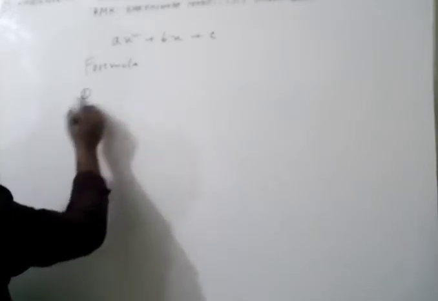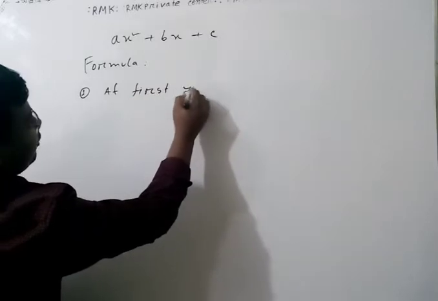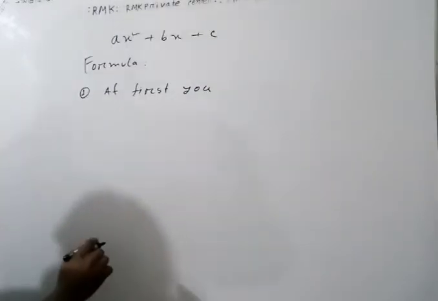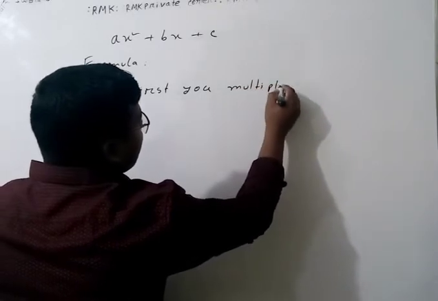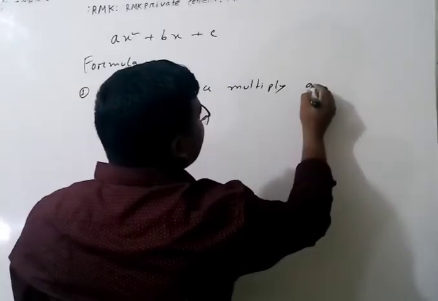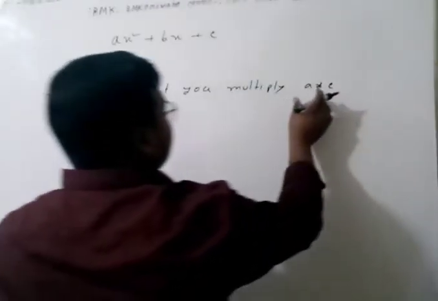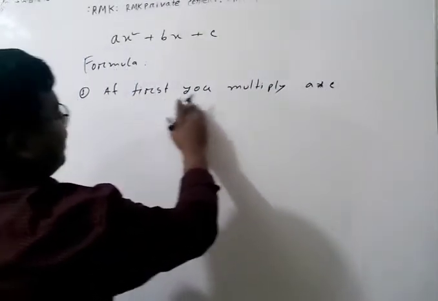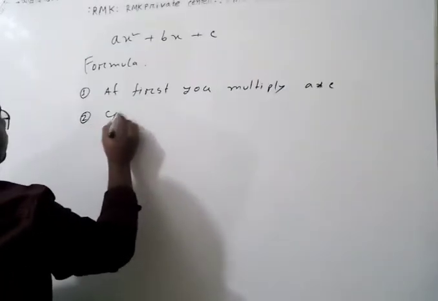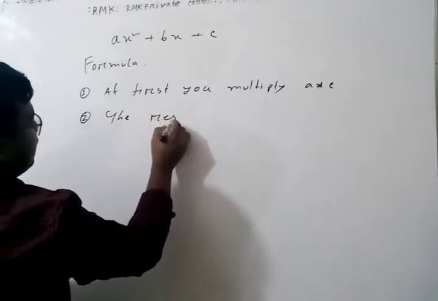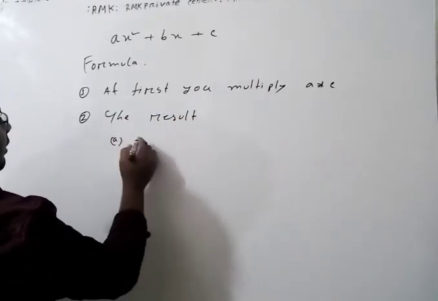First one, at first you multiply a and c. Clear, my students? At first you multiply a and c. Number 2, the result. Sub number a.